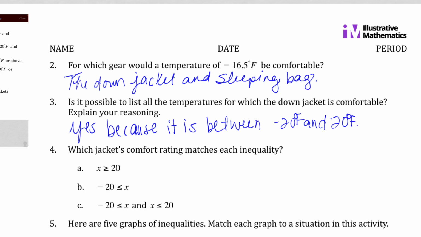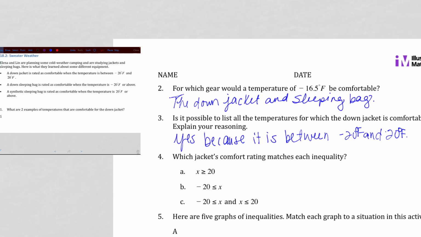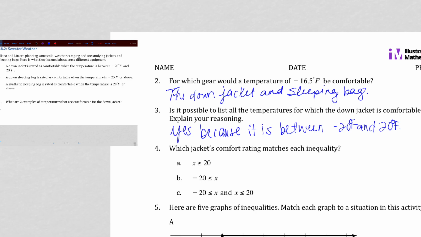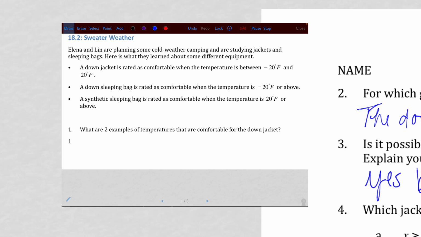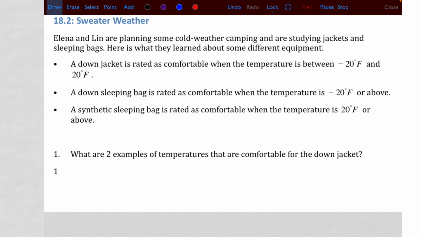Which jacket's comfort rating matches each inequality? Okay, so I think it should say jacket or sleeping bag's comfort rating matches each inequality. So which one has X is greater than or equal to 20? Which one was greater than? Between these three options. Greater than 20.